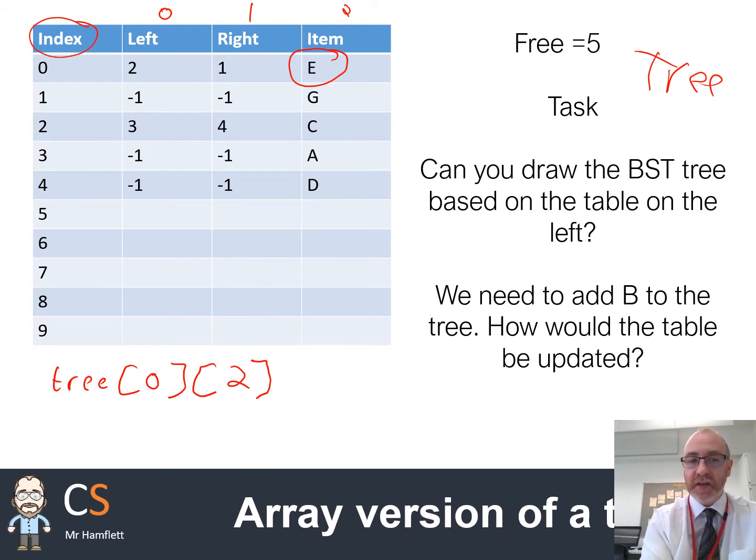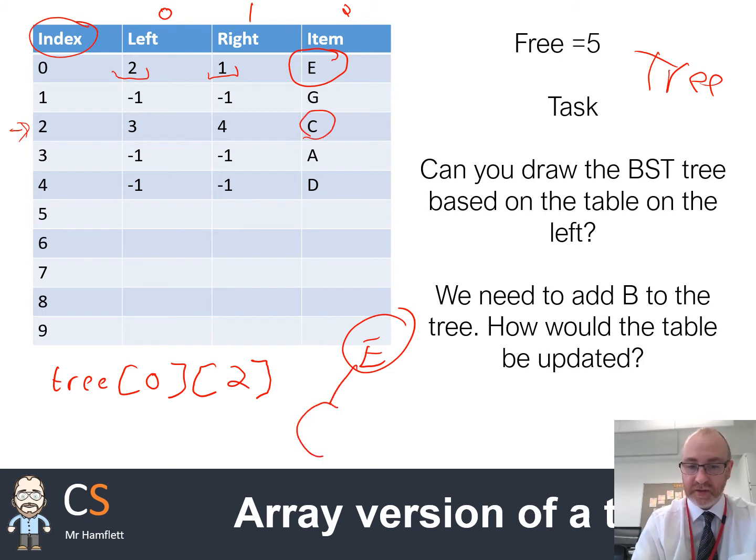Then we look at these numbers. These numbers are also indexes. Well, we now have the E in my tree. What's on the left? It's 2 at the left. Well, what's at position 2, or index 2, sorry? The value of C. So to the left is going to be C. What's at the right of it? Index 1. What's at index 1? It's G.